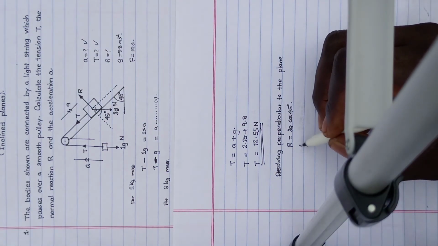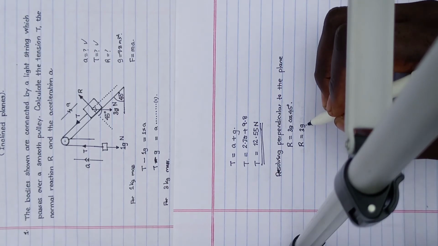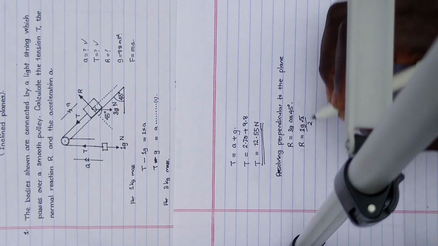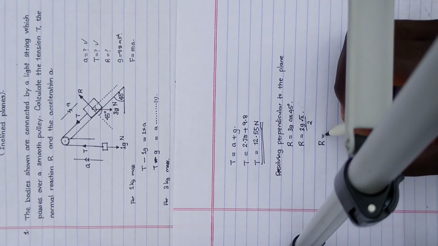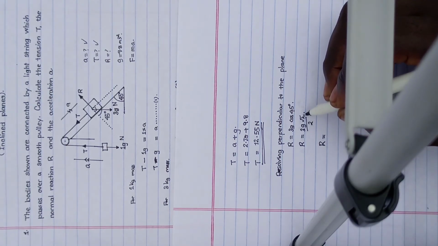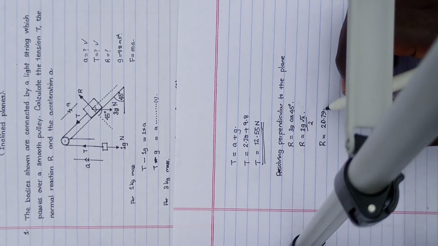Now from here we know our cosine of 45 is the same as root 2 over 2. So when you press it on the calculator, 3 times 9.8 times root 2 divided by 2 gives us approximately 20.79 newtons.